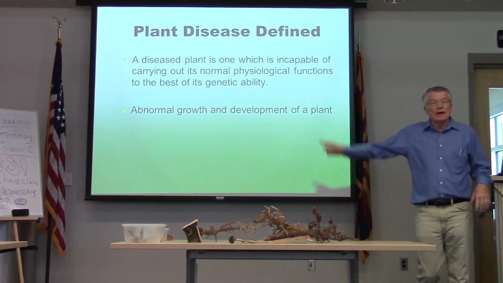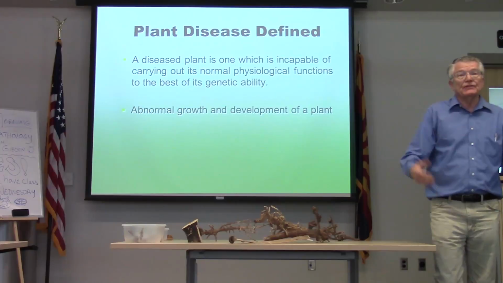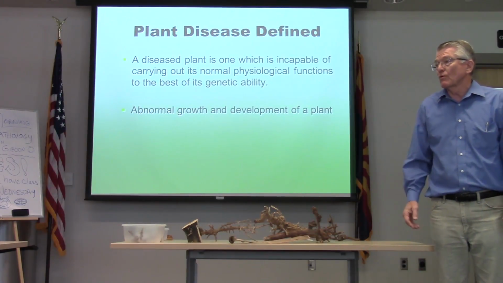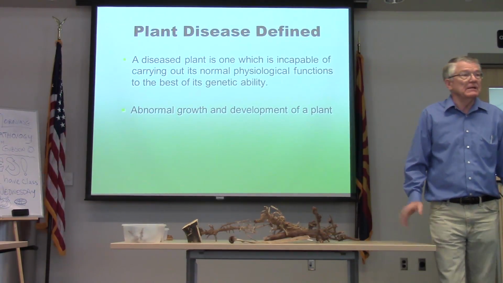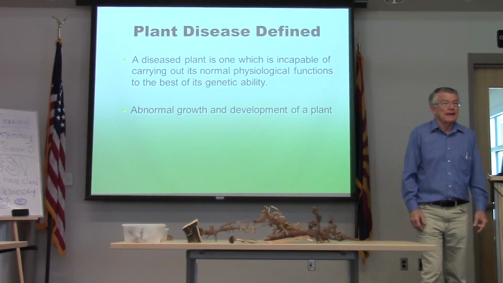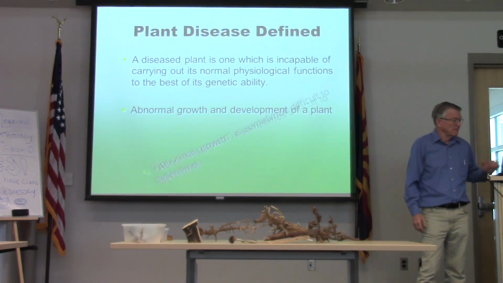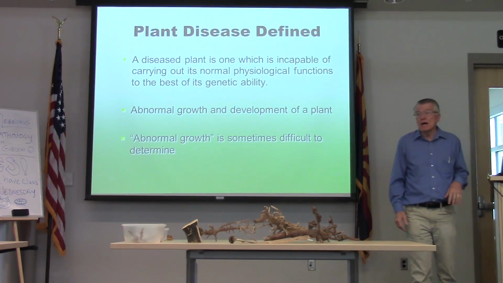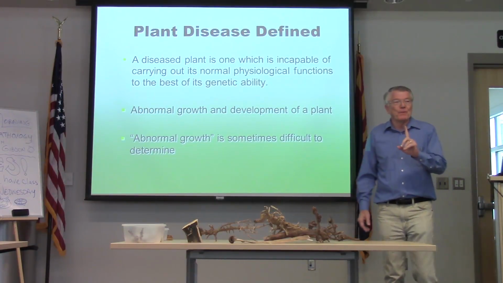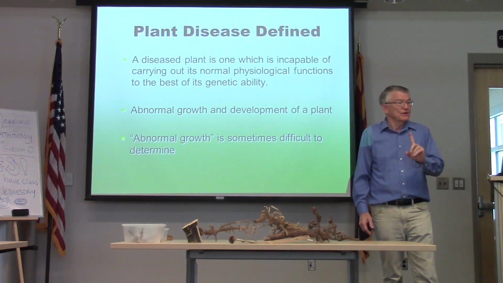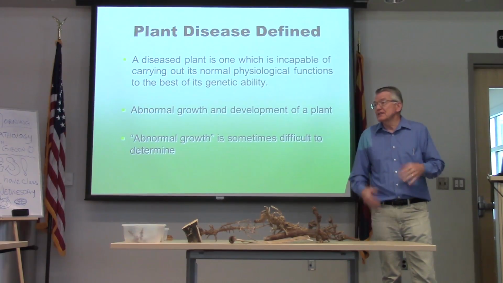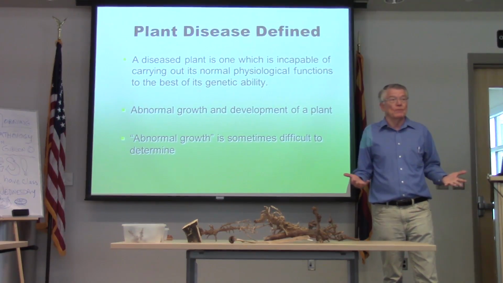We can simplify that definition by just saying anything that causes abnormal growth in a plant could be a disease. Anything that's abnormal. And sometimes abnormal is hard to define. Because there's a lot of things that are normal that look abnormal.